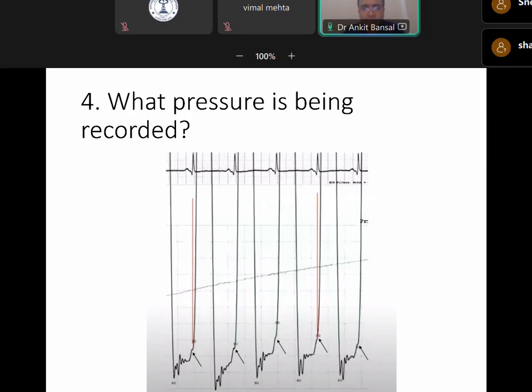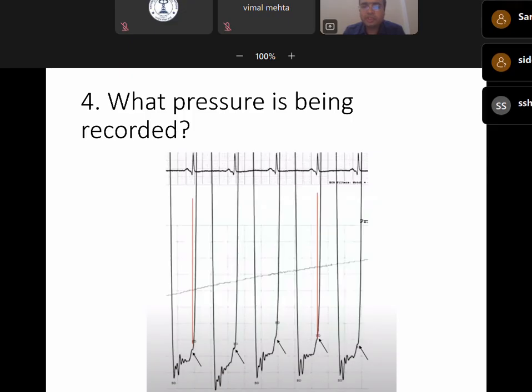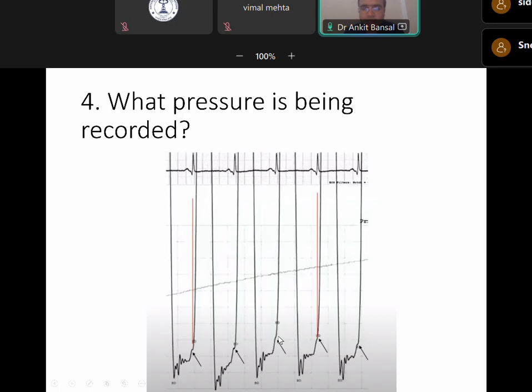Two more questions. In what phase of the respiratory cycle do we measure the LVEDP? End expiration. Suppose you have got these five values.